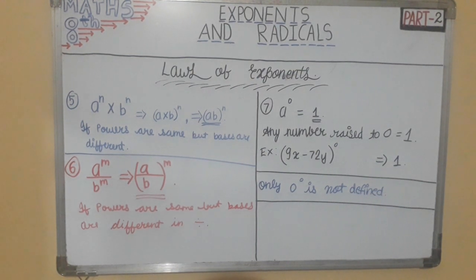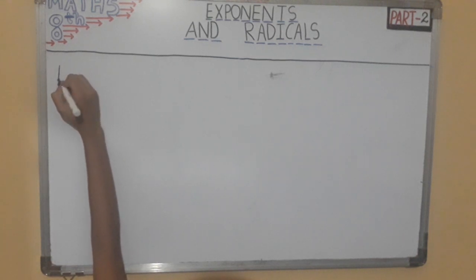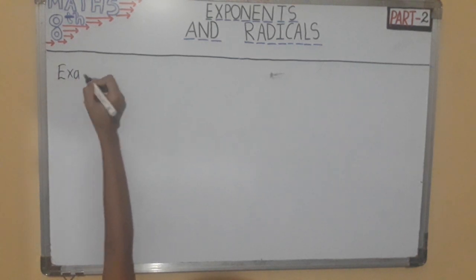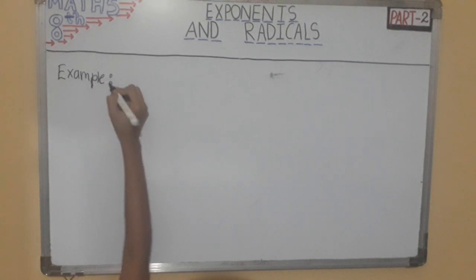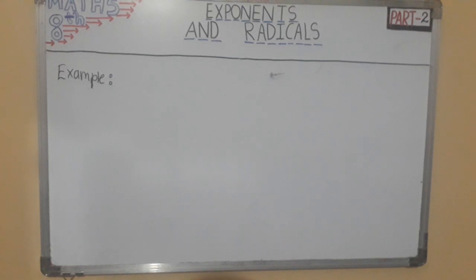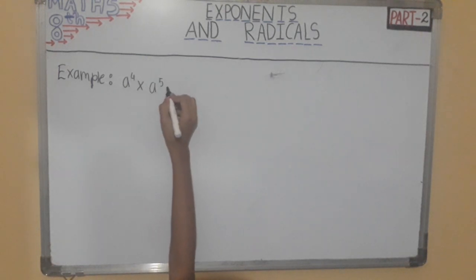Now we will move to their expansions. Now we'll take an example. If given is, the question is given like a raised to 4 into a raised to 5.